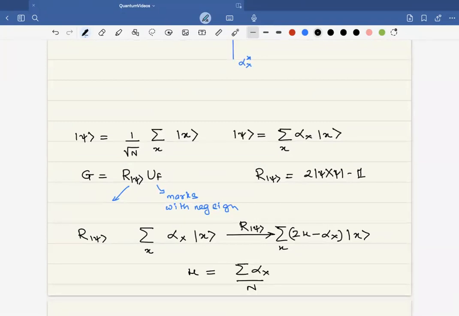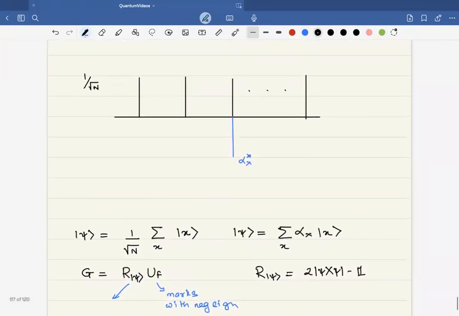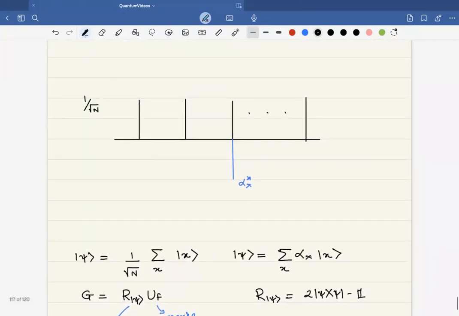And the reason this thing is called inversion about the mean is that, effectively, when I first flip alpha x, the initial mean is 1 over square root of n. When I flip it, if I take the mean of all the states, then it will be shifted slightly downward, maybe over here.